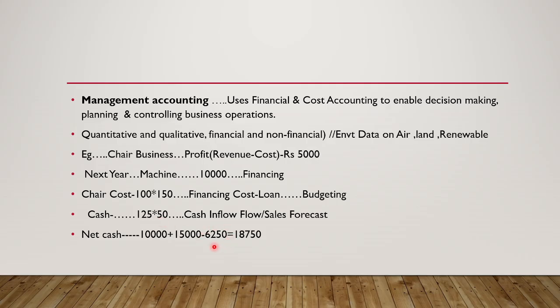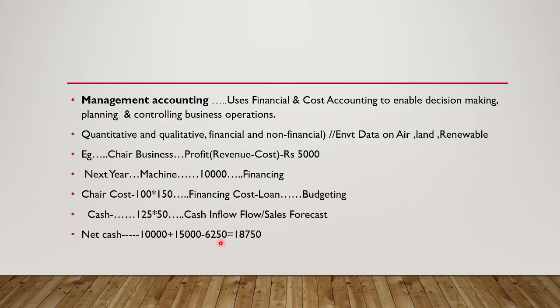I am getting 125 into 50, that is 6,250, that I'll be getting. But my requirement of cash for next year could be 10,000 rupees for the machine, and 15,000 rupees for manufacturing, as I have a cost of 100 rupees per chair and 150 chairs I'm making. So 25,000 rupees is the total cost, which will be an outflow for me.